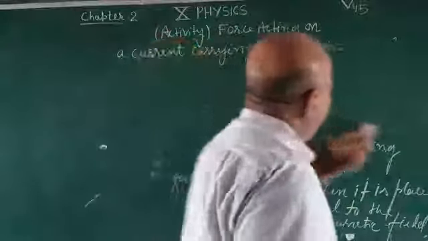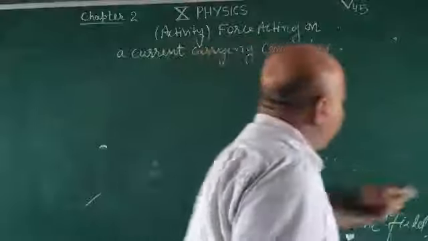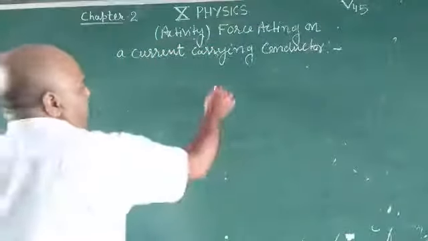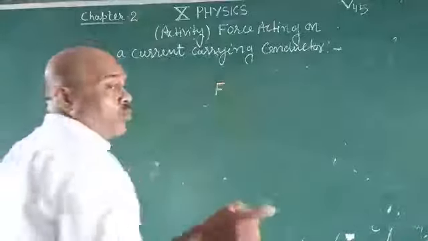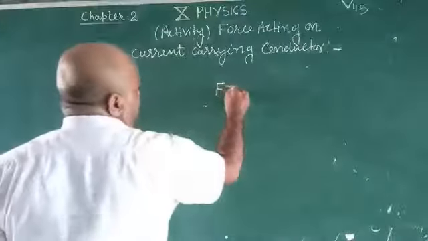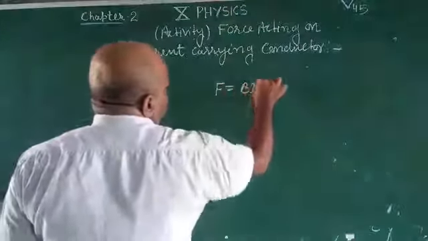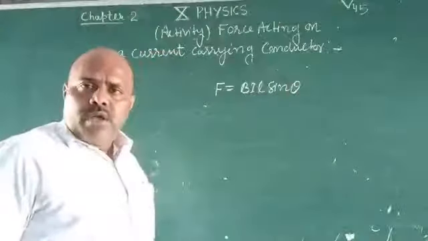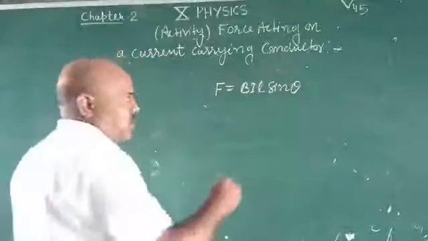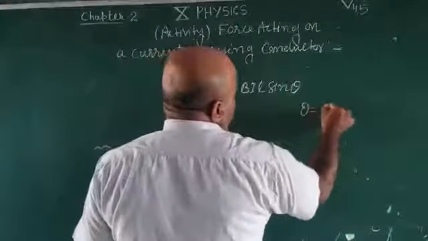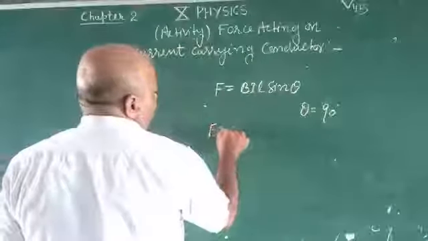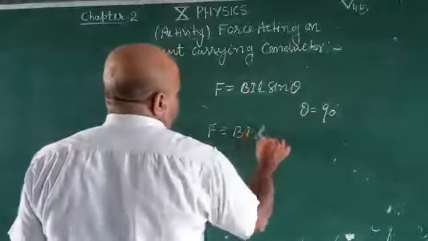If the angle of inclination is theta, the magnitude of the force experienced by the current carrying conductor is F is equal to BIL sin theta. This is a very important question. From this equation, if theta is equal to 90 degrees, meaning perpendicular, then F is equal to BIL.